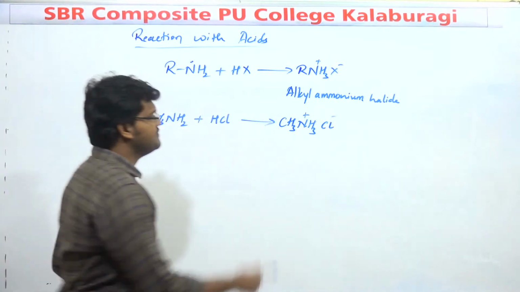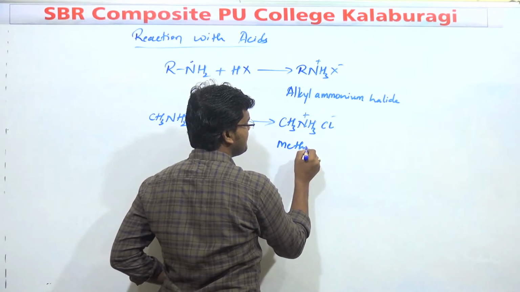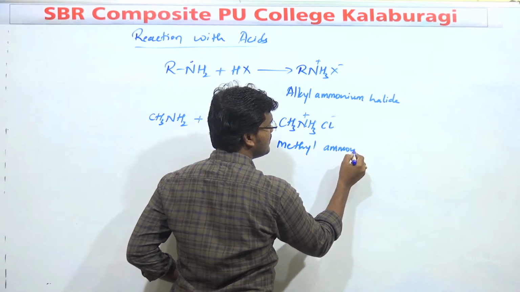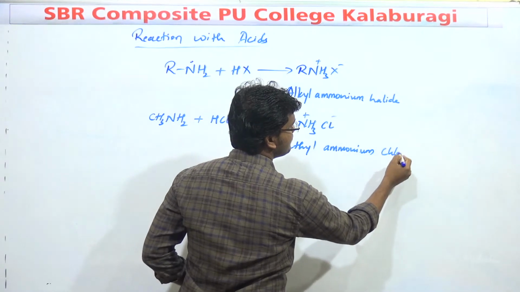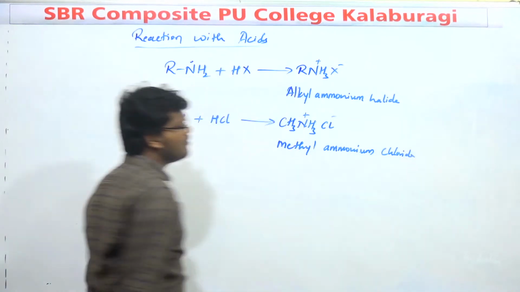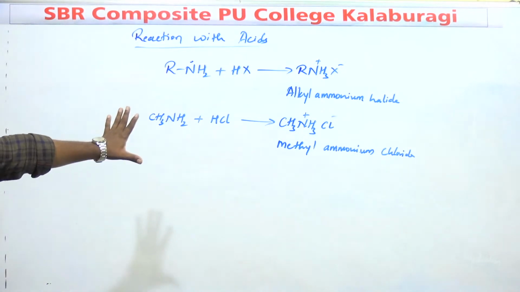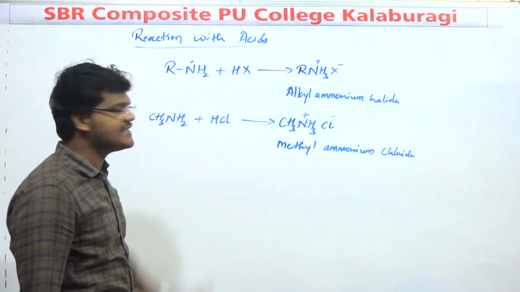What would be the name? Methyl ammonium chloride, since the alkyl I am having is methyl. Methyl ammonium chloride. So this is an example in which amine is made to react with acid.